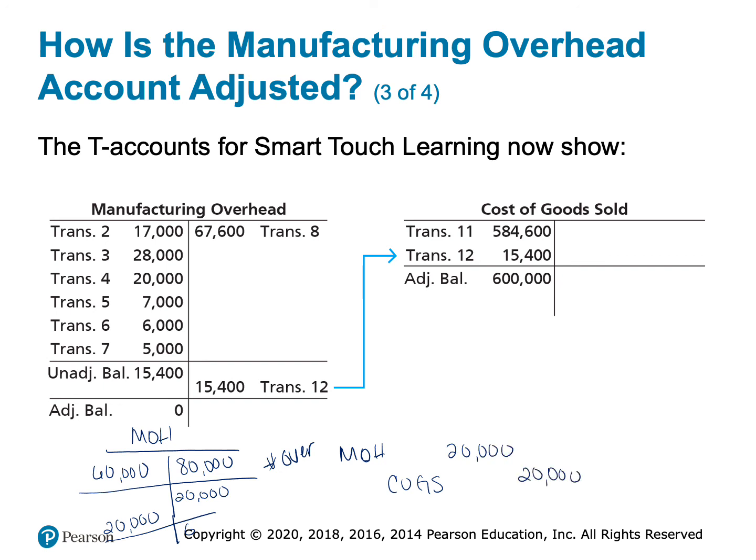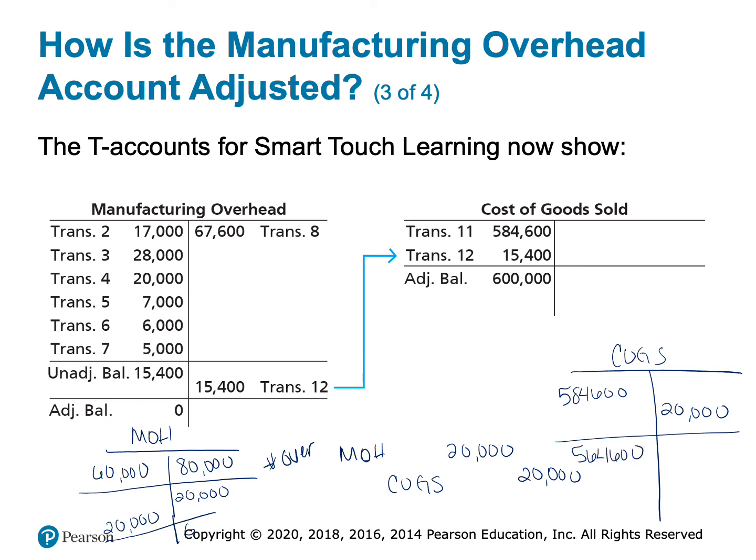So when I credit cost of goods sold, I'm decreasing that account. So if I go over here to my cost of goods sold, let's just say that it's still 584,600. But I come in here and I credit it for 20,000. I said, you know what? 584,600 is really too expensive. Those jobs were actually cheaper to produce than I originally recorded them at. They were really 564,600.